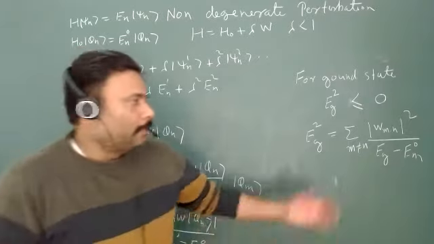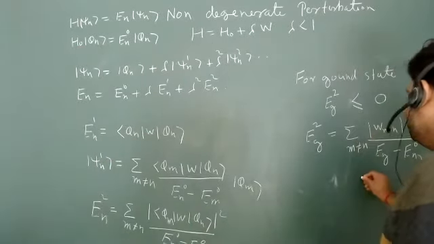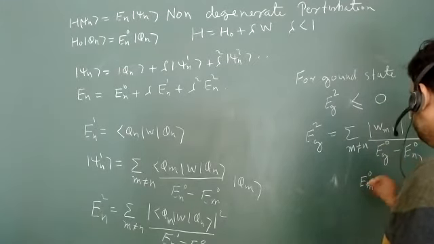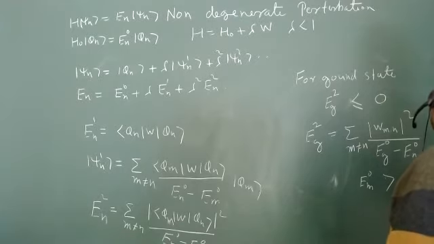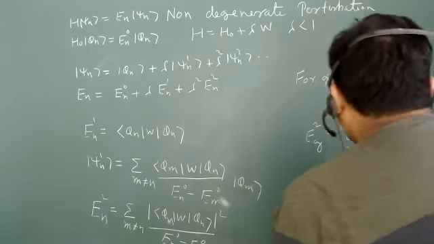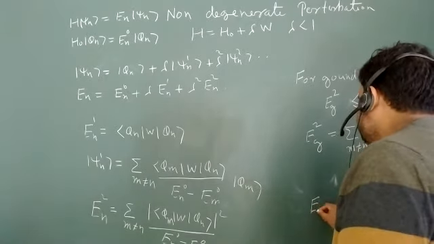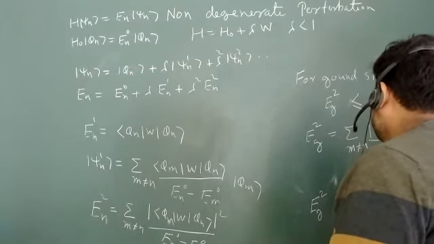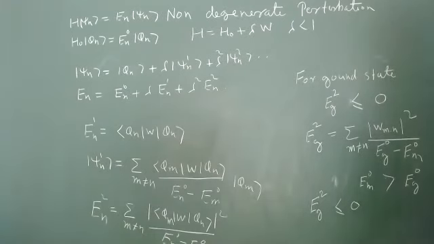Because the ground state is the lowest energy state, Em0 will always be greater than Eg0. So what is the conclusion? That this value Eg2 must always be less than or equal to 0. So this is one observation.